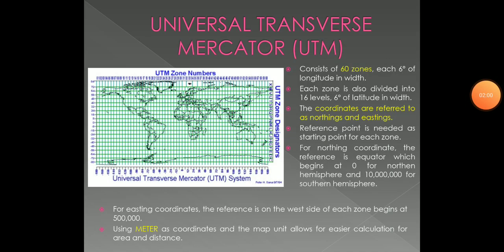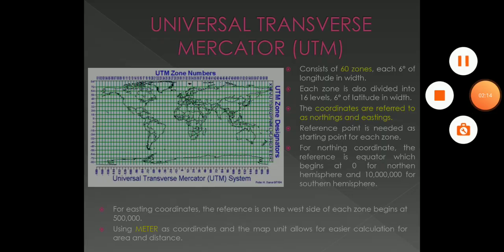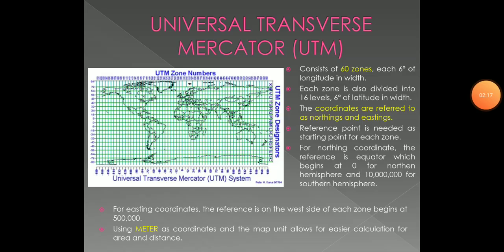Alright, so for the northing coordinate, the reference is the equator, same as in the GCS system, which begins at 0 for the northern hemisphere and 10 million for the southern hemisphere. In the southern hemisphere, the equator starts at 10 million meters, so that all values south of the equator will be positive.